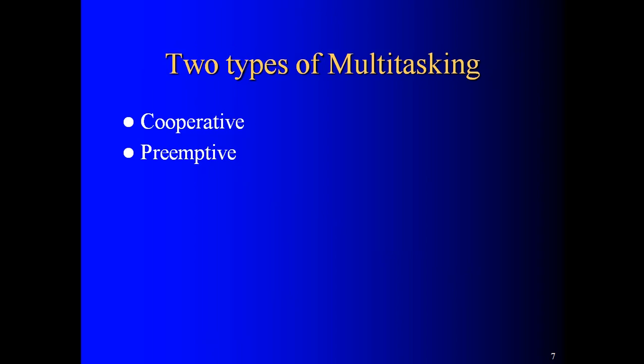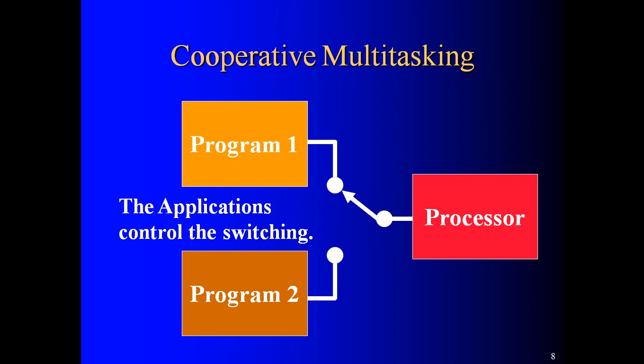Now we are going to understand two types of multitasking. One is cooperative and another one is preemptive. First is cooperative. Cooperative multitasking means the applications control the switch.